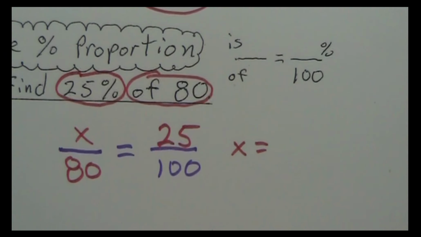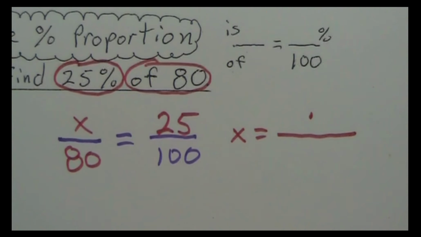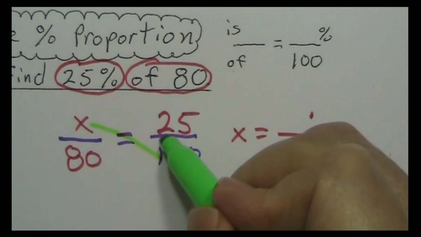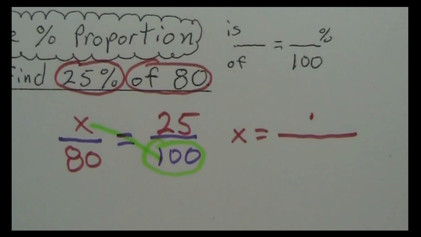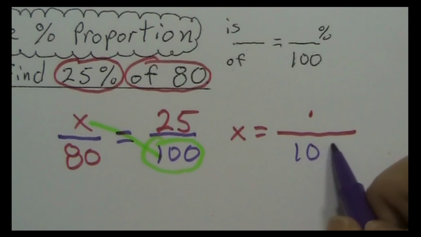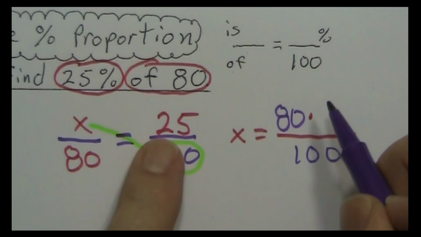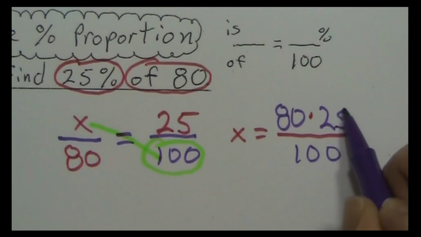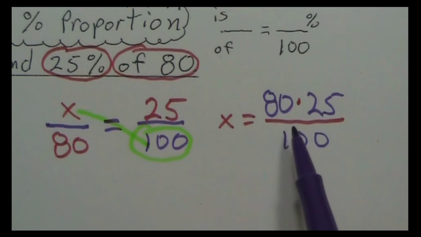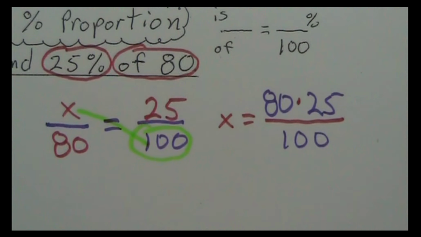If you remember our little shortcut method, whatever's diagonal of x goes at the bottom. So that means 100 goes to the bottom. The other 2 numbers go on top. 80 times 25. This is a shortcut to the cross products. And now we calculate this. 80 times 25 divided by 100.